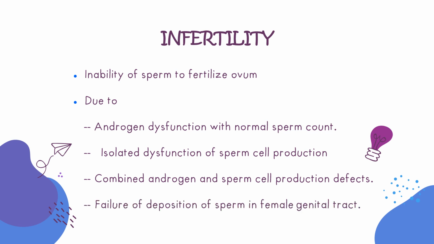Failure of deposition of sperms in the female genital tract, so when there is obstruction in the vas deferens, failure of ejaculation during intercourse, failure of erection during intercourse, and following vasectomy.